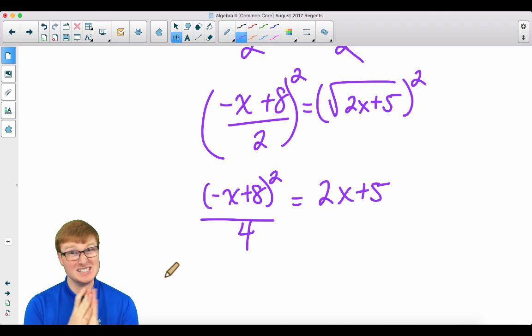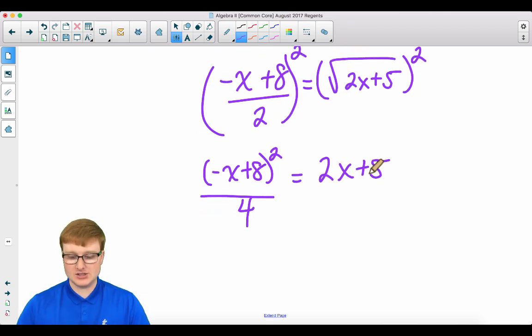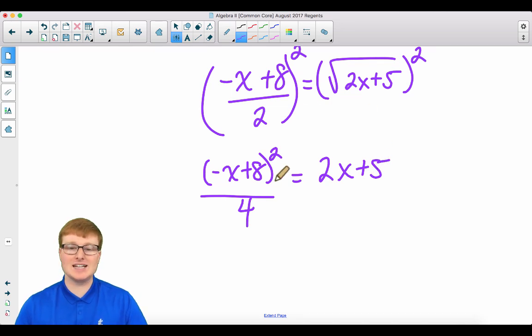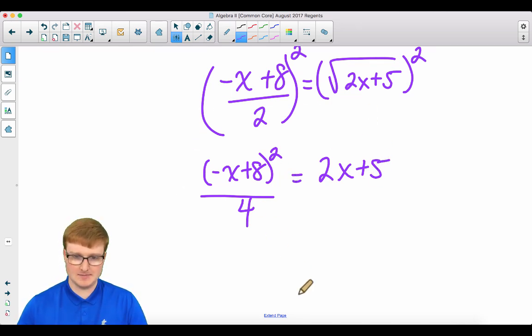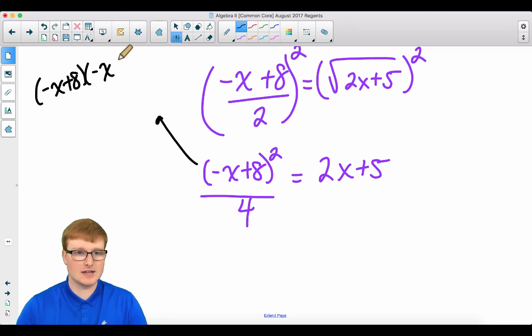We still need to solve for x, though. So I'm going to move this to the left-hand side. I know, it's a little messy, right? I'm actually going to FOIL this in the process. So this is really negative x plus 8 times negative x plus 8.